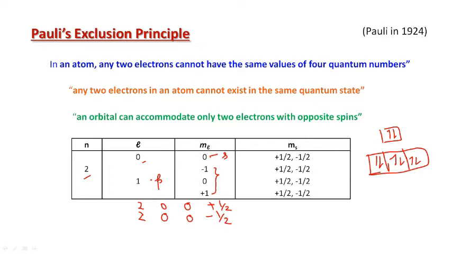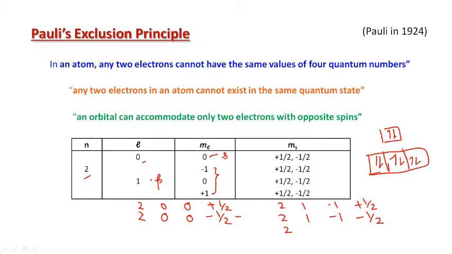So the only change is here. Similarly, for the electrons in the p orbital, we have 2, 1, minus 1 and plus half; 2, 1, minus 1 and minus half.